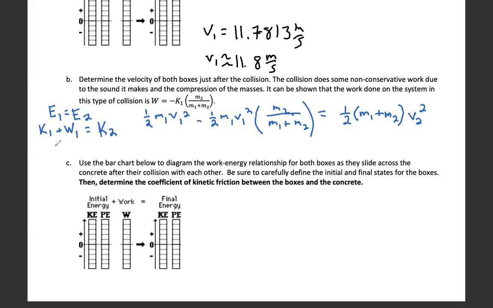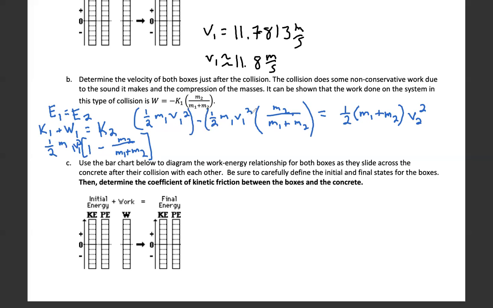We can just pull out 1/2 m1 times 1 minus m2 over m1 plus m2, times v1 squared.